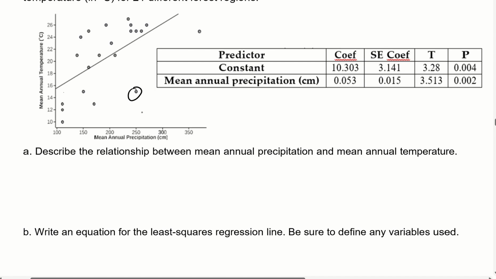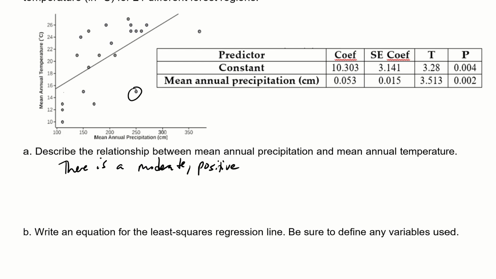Okay, so there's a moderate, positive... notice that this has the greatest vertical distance away. This one isn't as large as the one that I picked out.